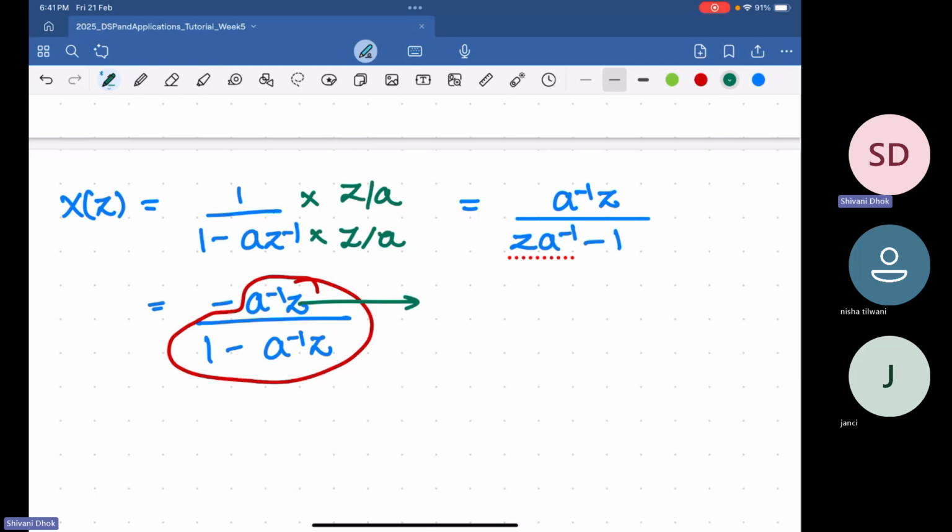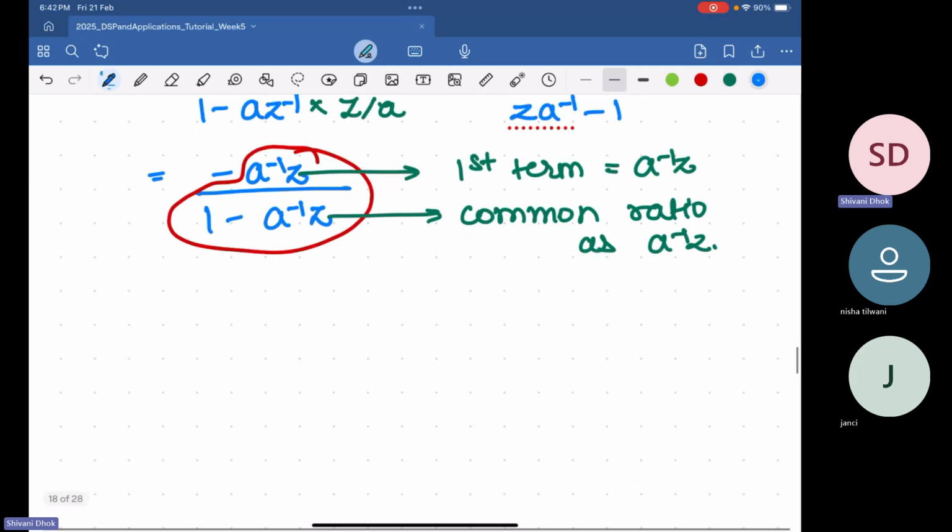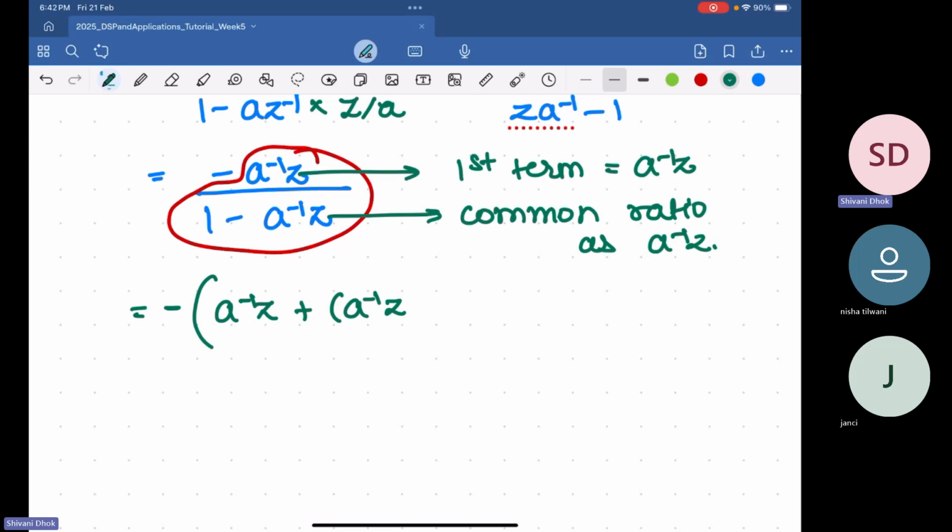This is also like an infinite geometric progression, with first term A inverse Z and common ratio A inverse Z. So we can write this as minus, and inside the bracket A inverse Z plus A inverse Z whole square and so on till infinity.